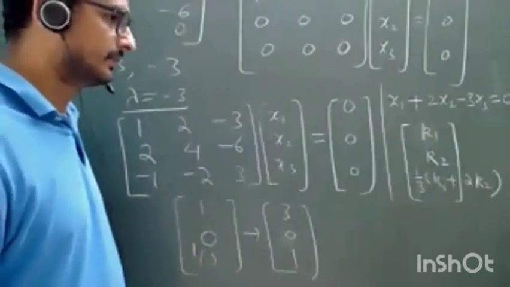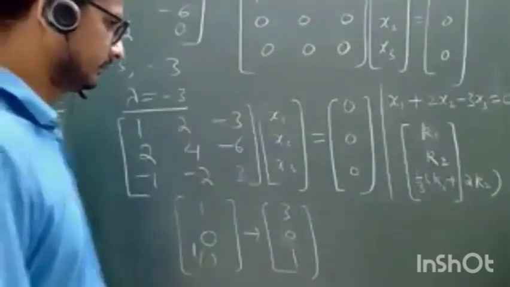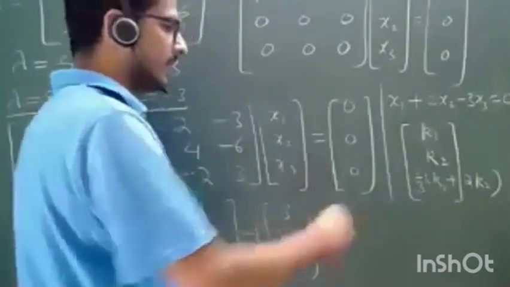The third you can't assume. Any two values you assume and the third you will get.